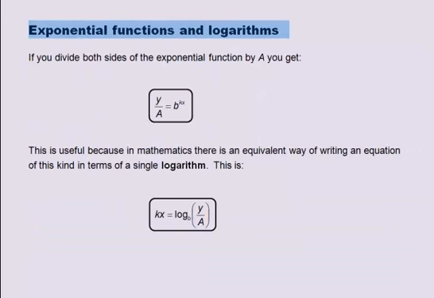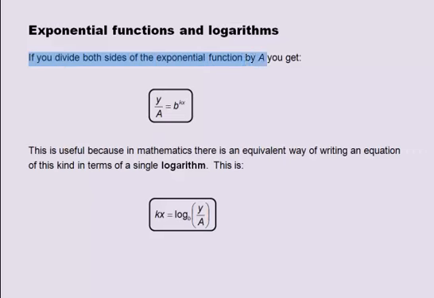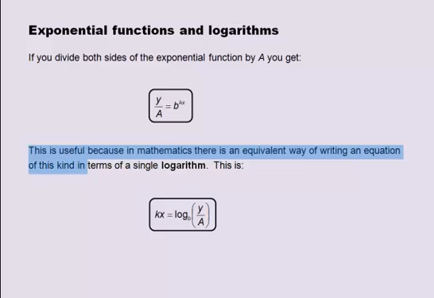Exponential functions and logarithms. If you divide both sides of the exponential function by a, you get y divided by a equals b to the power kx. This is useful because in mathematics there is an equivalent way of writing an equation of this kind in terms of a single logarithm. This is kx equals log to the base b of y divided by a.